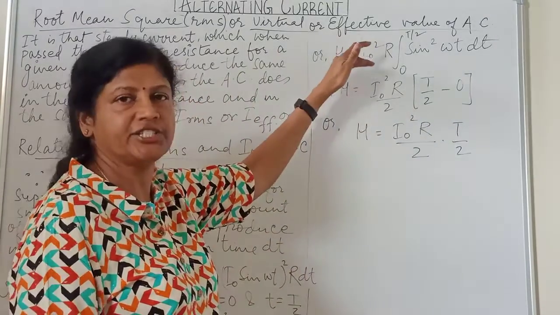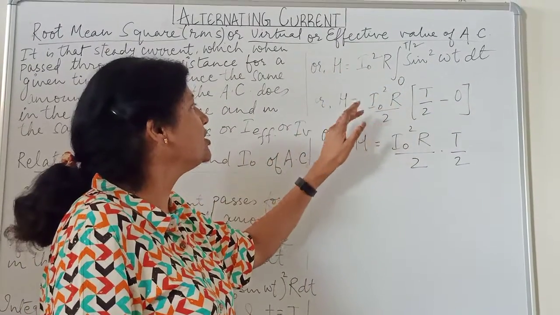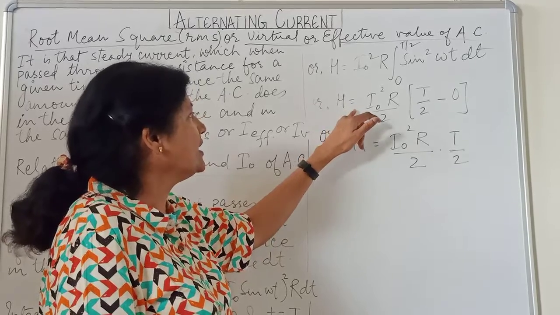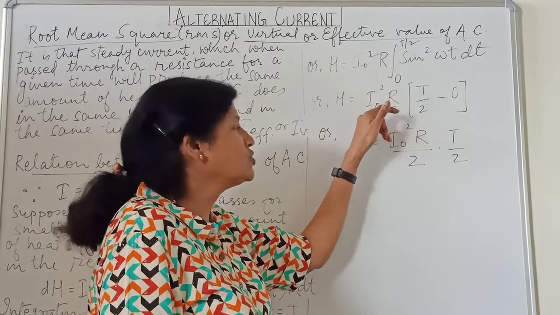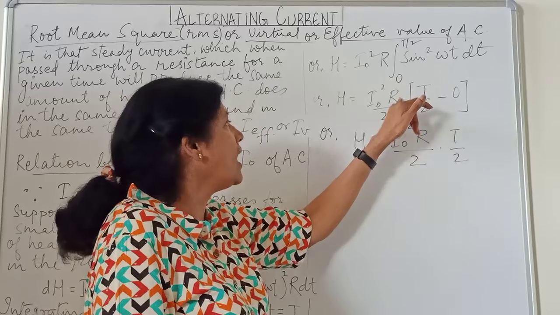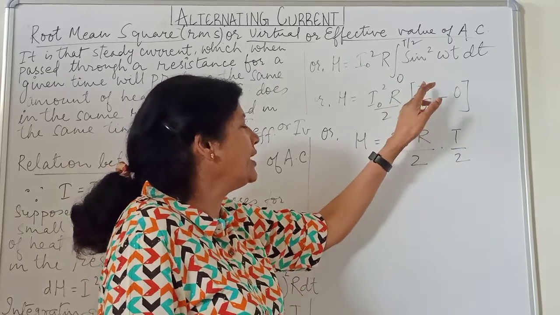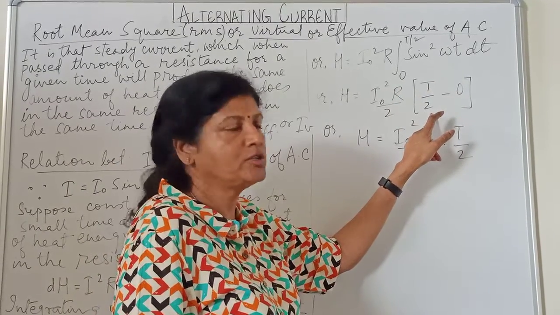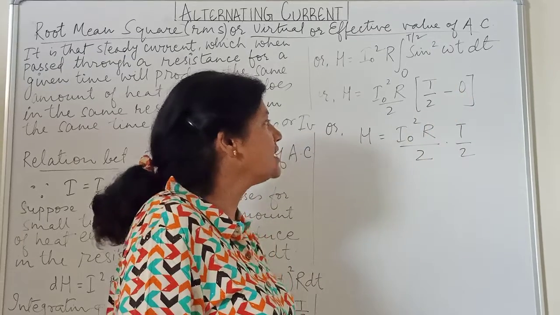After integration we get H is equal to I naught whole square R upon 2 into T upon 2 minus 0.